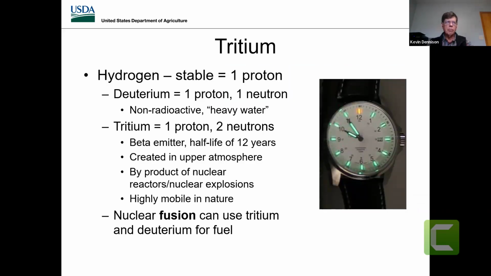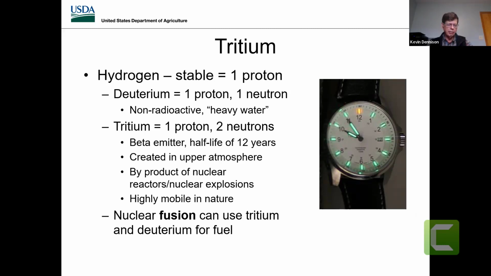The last one is tritium, which is a hydrogen isotope. Stable hydrogen has one proton. Deuterium has one proton and one neutron, and tritium has one proton and two neutrons. People call it heavy water. It decays by beta emission and has a half-life of 12 years.